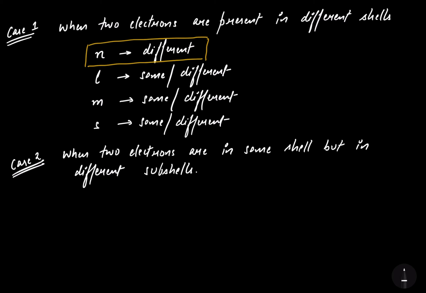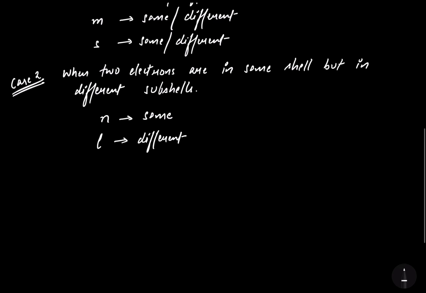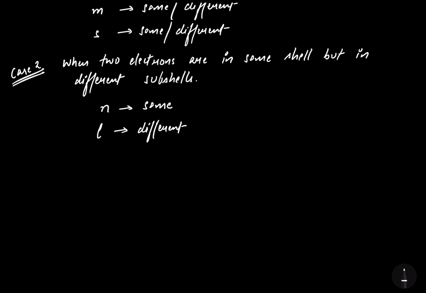So in this case, the two electrons are in the same shell. That means the principal quantum number n will be same for both the electrons. Now let's talk about the azimuthal quantum number l, which signifies the subshell. So the electrons are present in different subshell. So l will be 100% different for both of the electrons. Now let's talk about the magnetic quantum number small m.